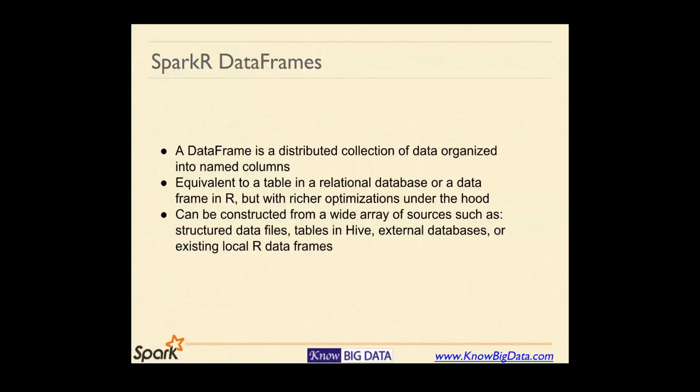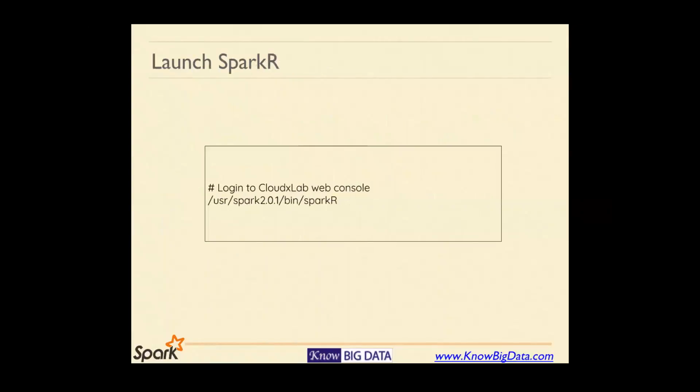So SparkR data frame is a distributed collection, just like our usual one. It can be constructed from all kinds of sources. Okay, because R works on data frames. All right, then the way you launch SparkR is this way.